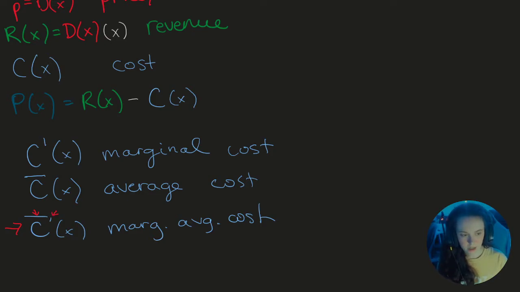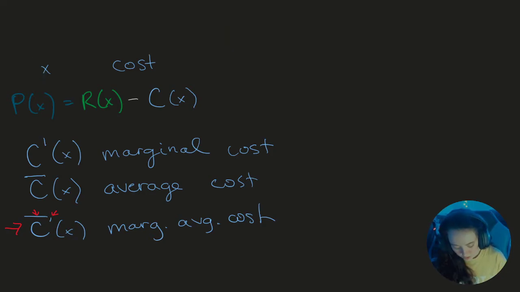It's a little weird that they call it marginal average. I think it's just because it sounds better. But always do it in the order of the symbols. In this case, your average comes first and your marginal is second. It's always going to be like that if it asks you for marginal, average, anything. Okay? So I'm going to erase all of these and work an actual problem to give you an example.